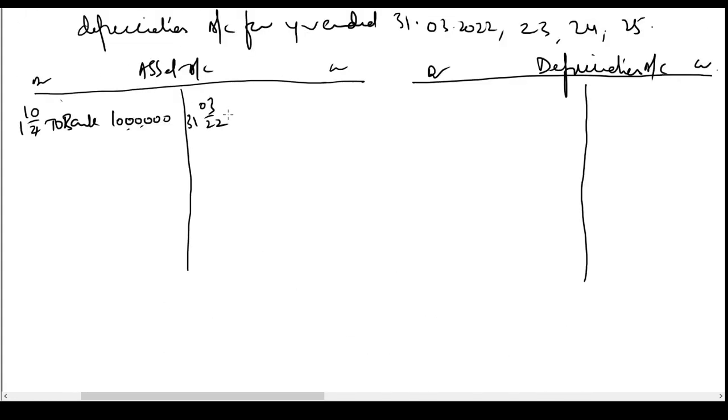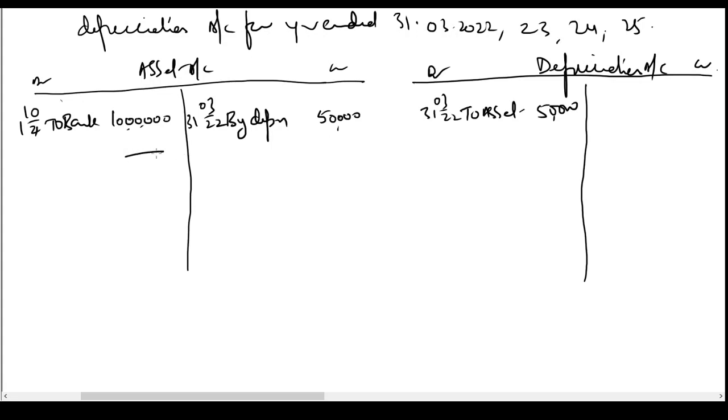So on 31st March 22, I'll pass the entry depreciation account to asset. So by depreciation 50,000. In depreciation account on 31st March 22, I will write to asset 50,000.